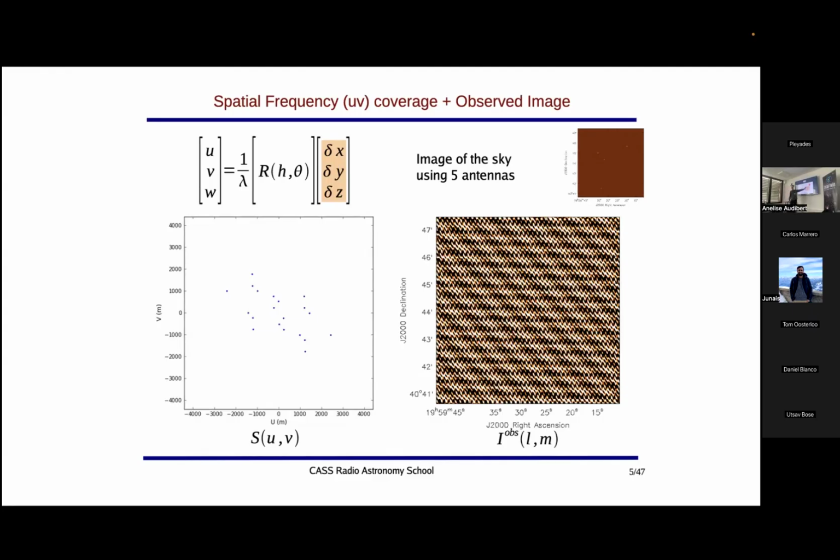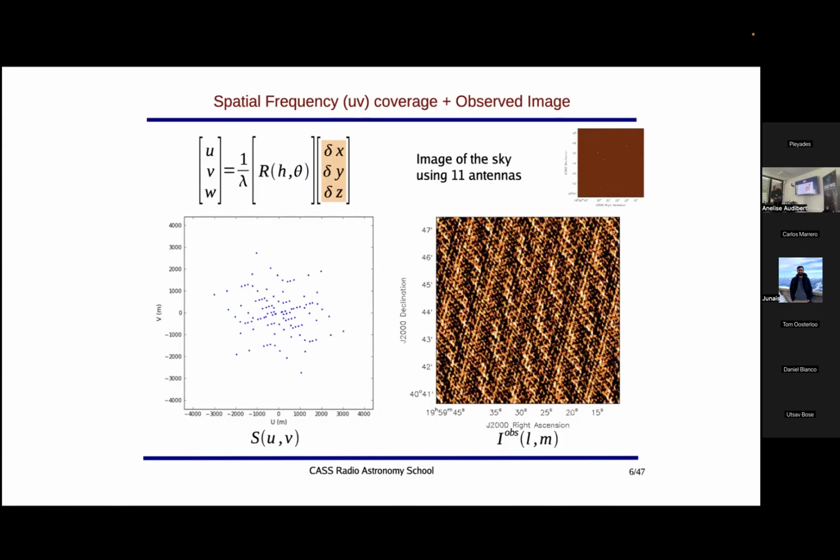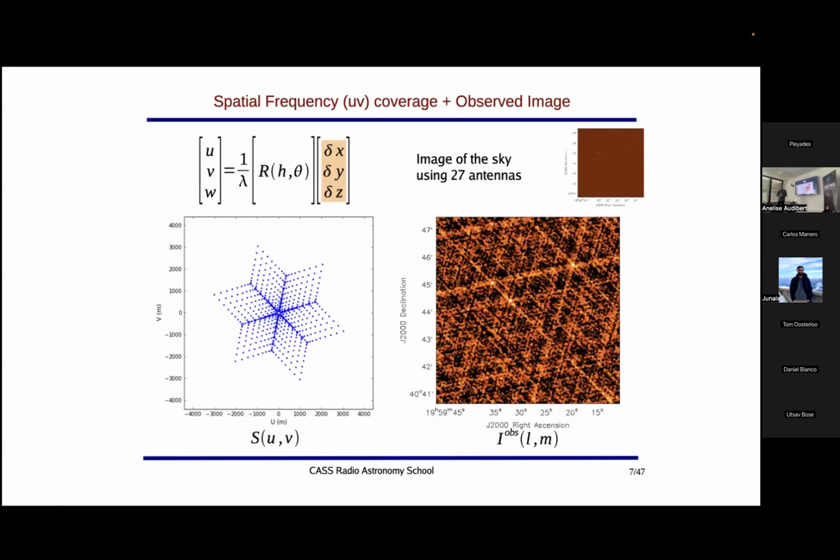So this is the sum of 20 two-dimensional sine waves, and each has a different orientation depending on where the visibility is in the UV plane. So this is 5, this is 11, and this is 27.